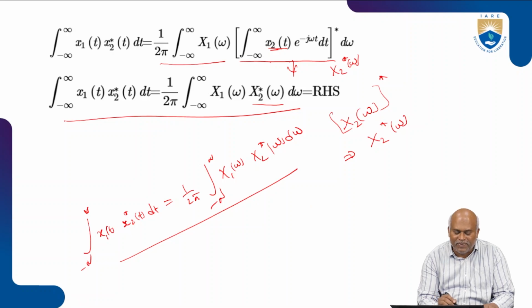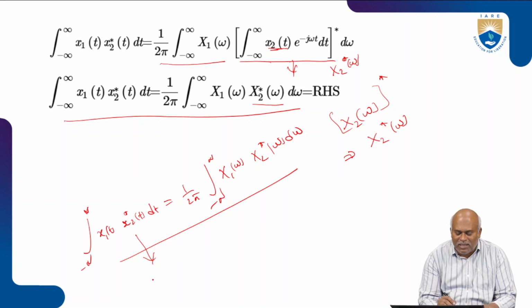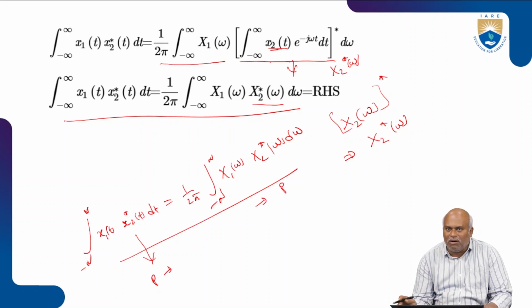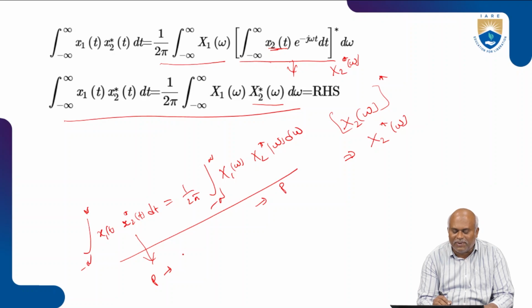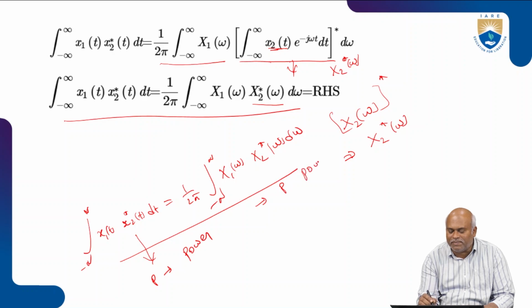In this case, we take x1 of t and x2 of t as both signals represented as complex. If they are periodic, then the produced output is also periodic. All periodic signals satisfy the power condition only, so the output side also gets power.